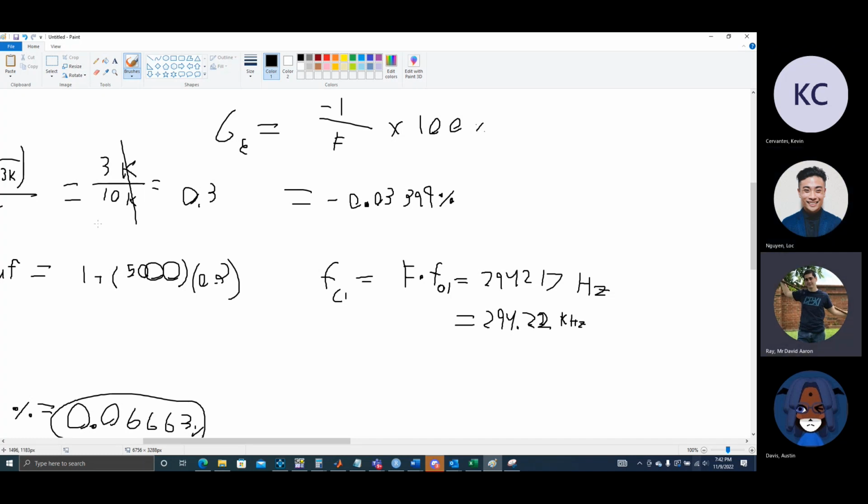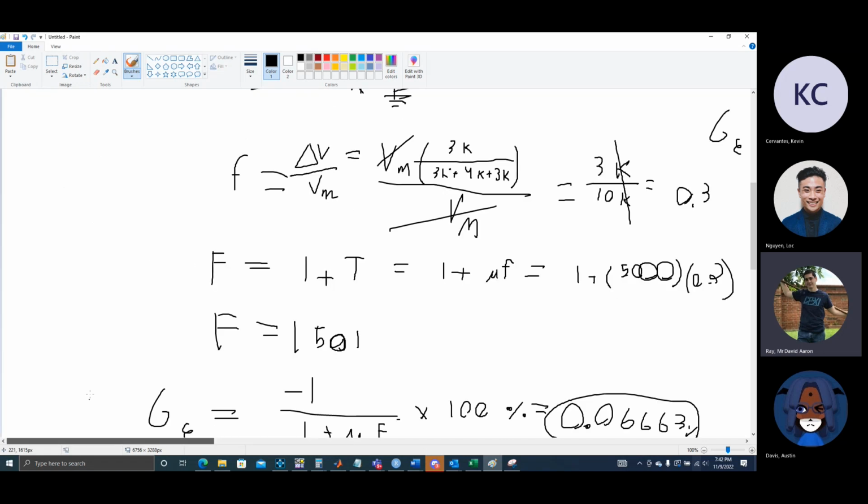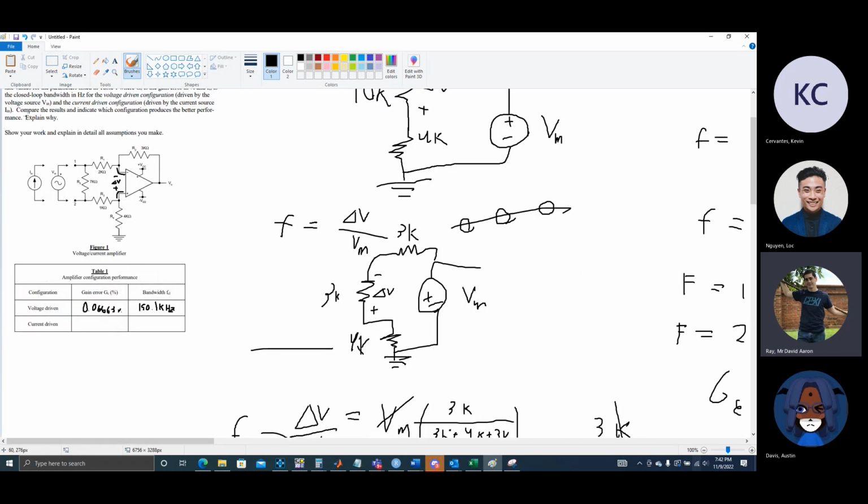Then I'm going to move on to the third problem. Because, oh wait, let me make sure that that was the whole question. Because even though we circled the values, it says explain in detail, compare the results and indicate which configuration is better.